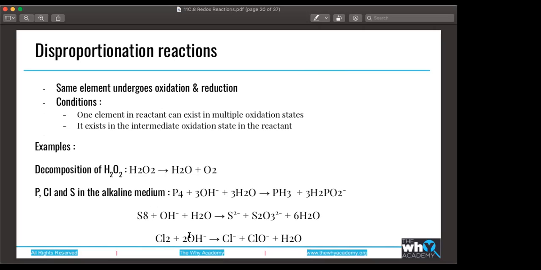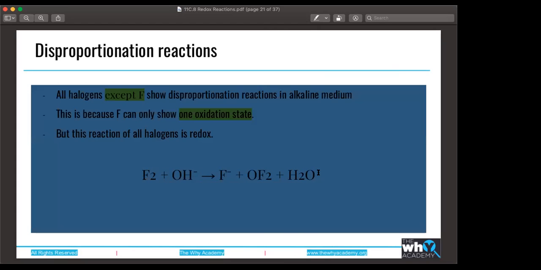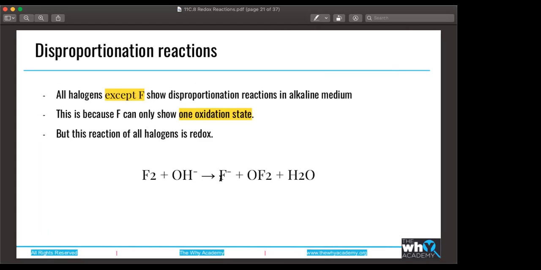Chlorine in the presence of a base becomes chloride and chlorate and water. Fluorine also had undergone a similar reaction, but reactions of this format for all the other halogens come under disproportionation except for fluorine.